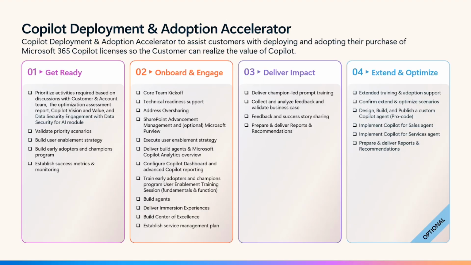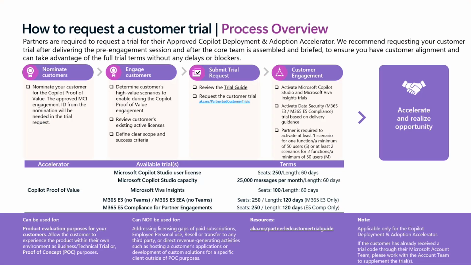So one more time, this is only a small reminder about the different steps. And before going to these steps, let me give you this template, or maybe this slide. It's about how to request a customer trial, because for every customer, even before they buy a Copilot package, you can do something for your customer.